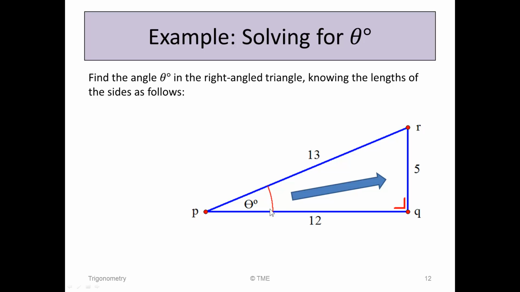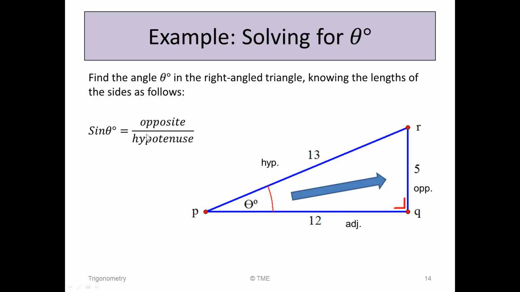Starting with that angle, knowing that it's a right angle triangle, it's useful to identify the opposite. So we've now identified the opposite side, and we know that the sine of theta is opposite over hypotenuse. The hypotenuse is going to be opposite the 90 degrees, and that gives us the adjacent as the third one.